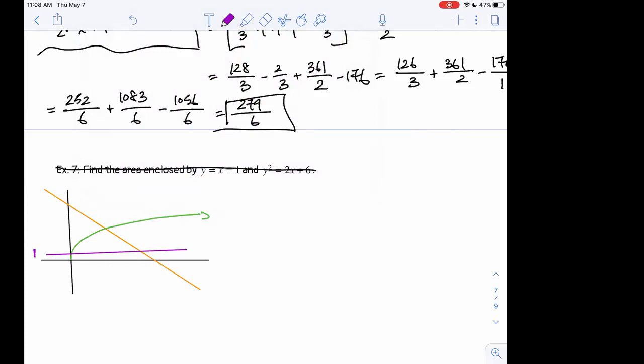And what I'd like to do is, instead of drawing vertical rectangles, I'd like to draw horizontal rectangles and see what happens. Because I know I want to see if curves have the same right or left function, let's draw a rectangle. So this blue rectangle has a right curve, that is the orange one, and a left curve of the green one.